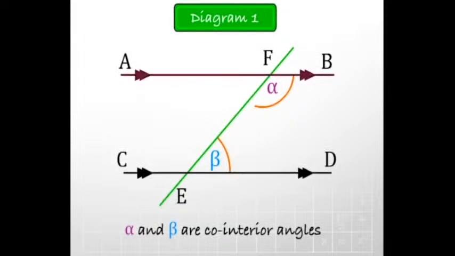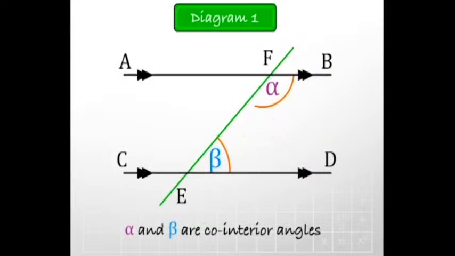You should notice that the line AB is parallel to the line CD. And there is a transversal EF, which by its definition will pass through the parallel lines. Therefore, it is natural that we are going to have co-interior angles being formed.